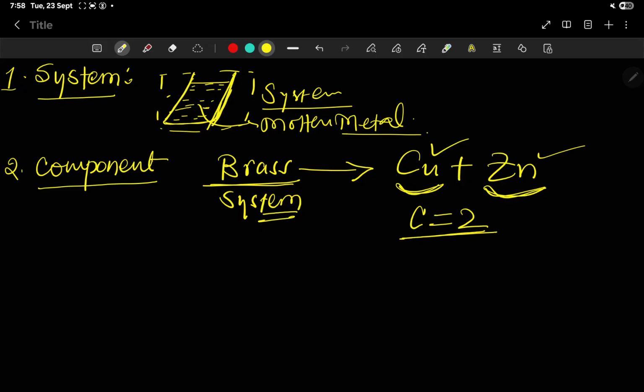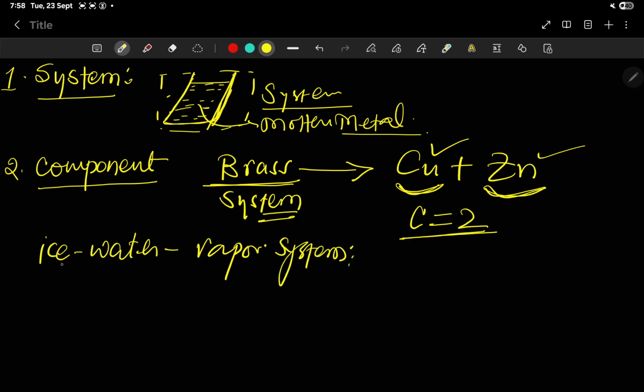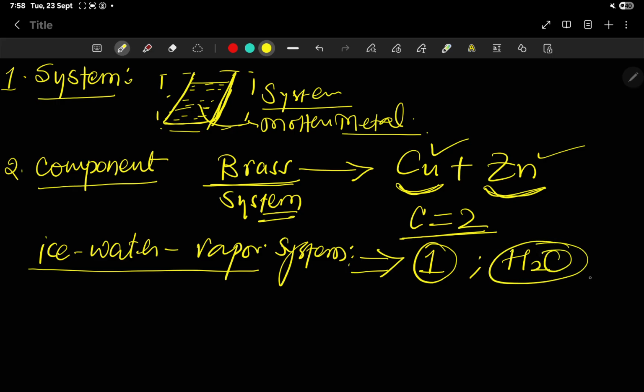Okay, so if we take an ice, water, vapor system, in this system our component will be only one, because it has only one chemical composition, right?